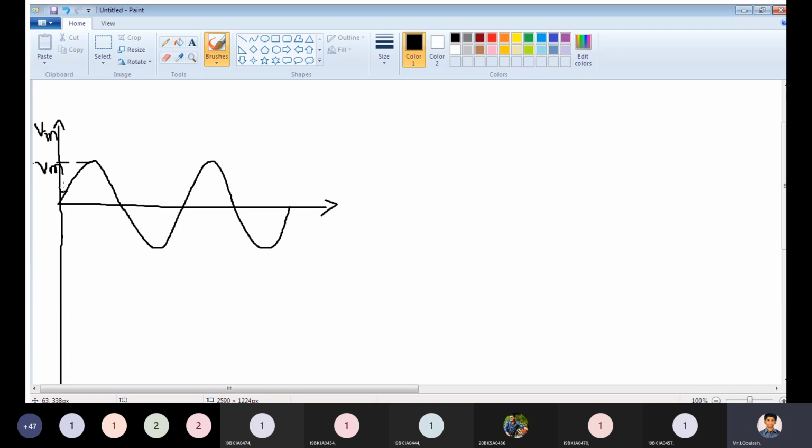Then here we have the upper threshold voltage, V_UT. Here this is minus V_M.